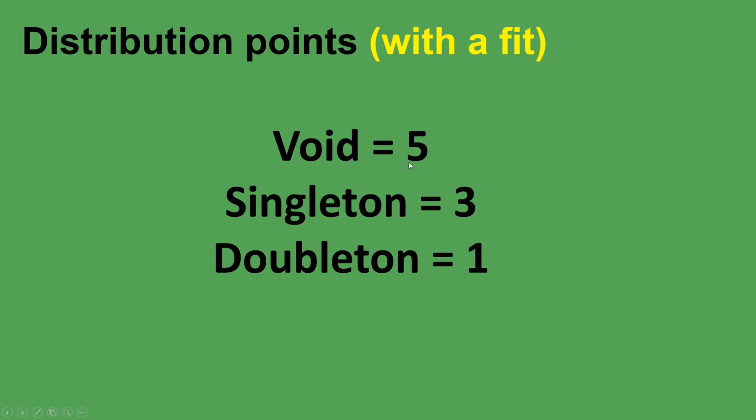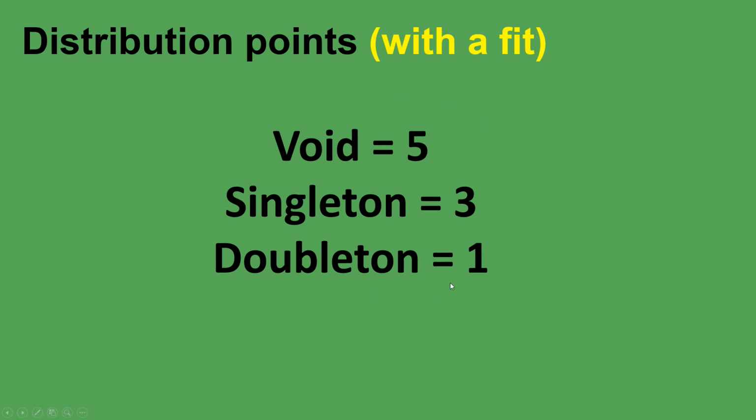So these points are 5 points if you have a void, that is no cards at all in one of the other suits, or you add 3 points if you have a singleton, which is only 1 card in one of the other suits, or you get 1 point for a doubleton. That means you only have 2 cards in one of the other suits.